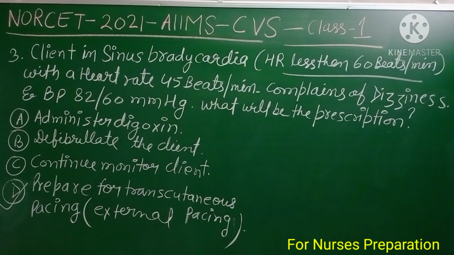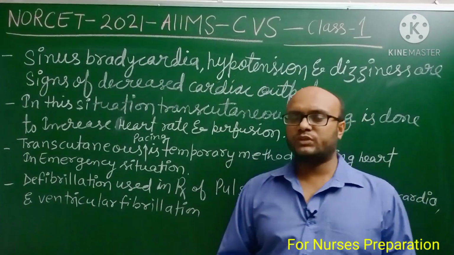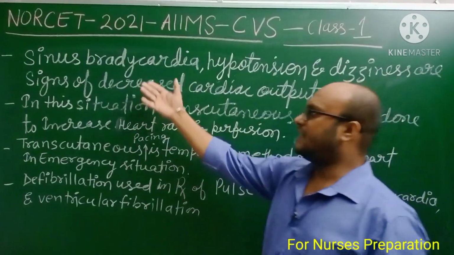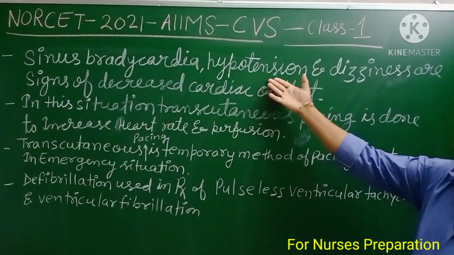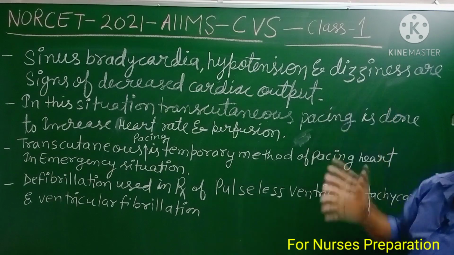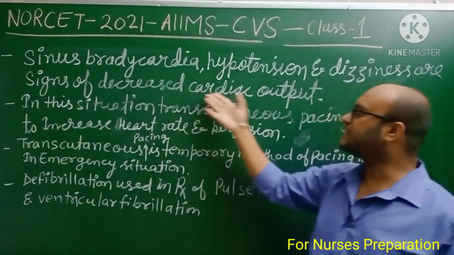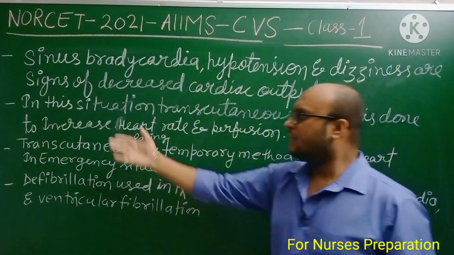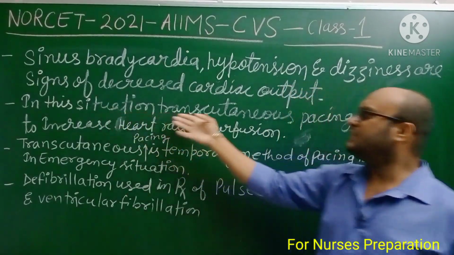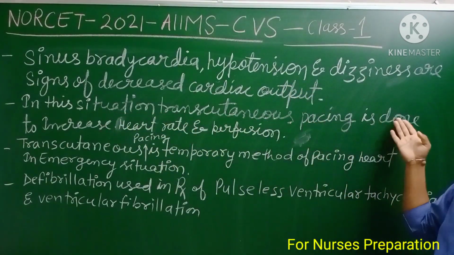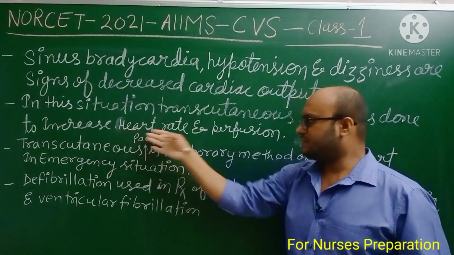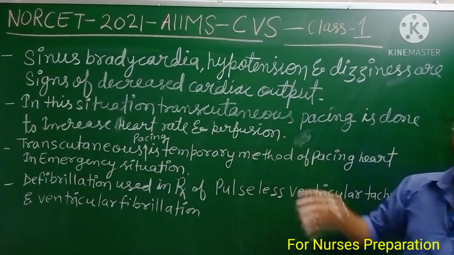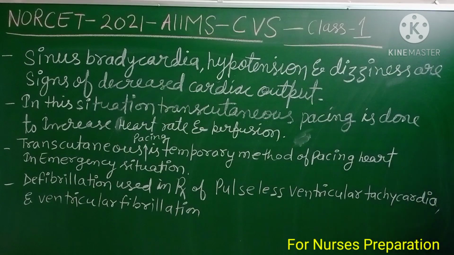Let's see the rationale. Sinus bradycardia, hypotension and dizziness are all signs of decreased cardiac output. To treat this situation, transcutaneous pacing is done to increase the heart rate, and that causes increased tissue perfusion.